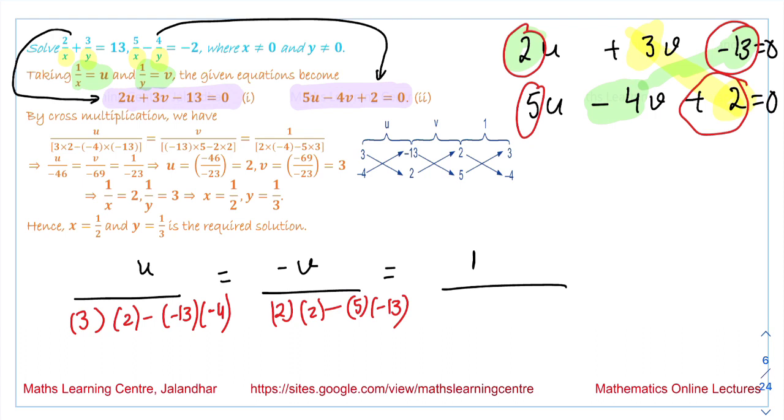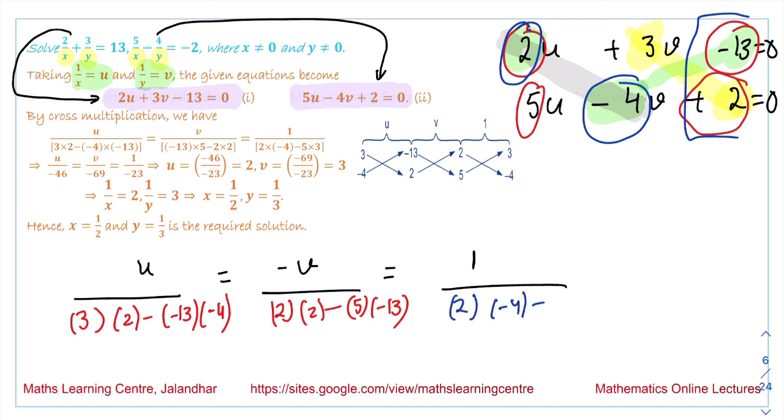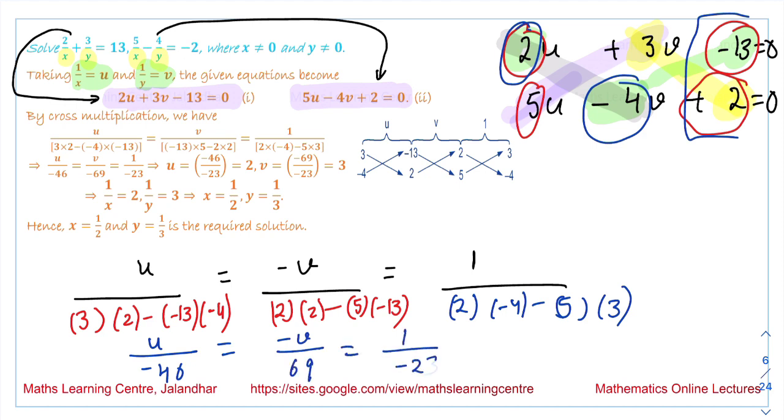And the last term, we will leave this term over here, and what we are left with is 2 into minus 4 minus 5 into 3. So when we solve these values, we get u over minus 46, minus v over 69, 1 over minus 23.